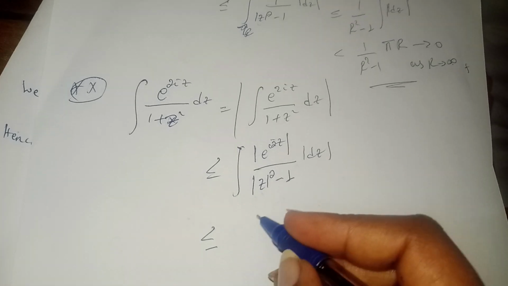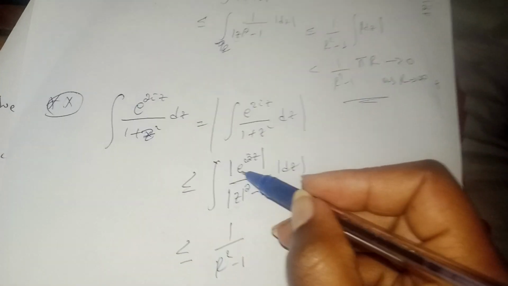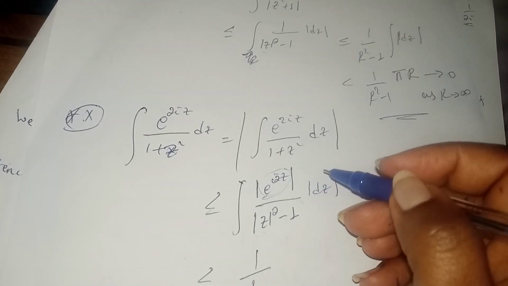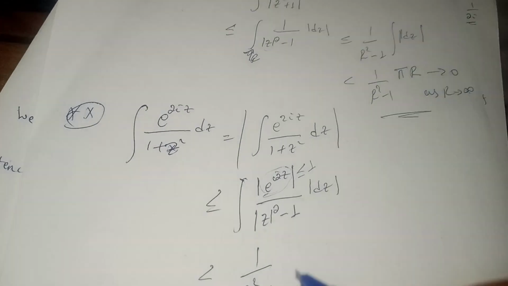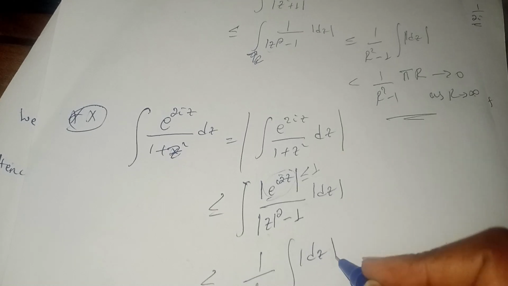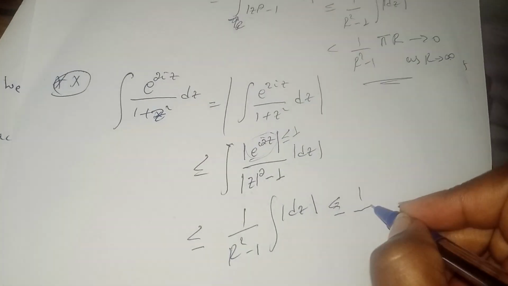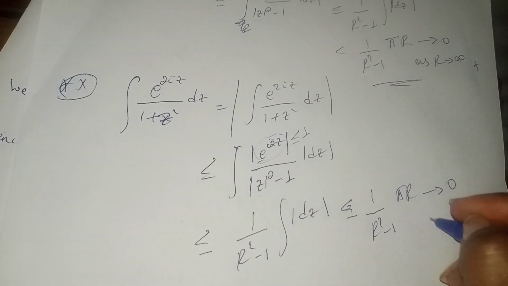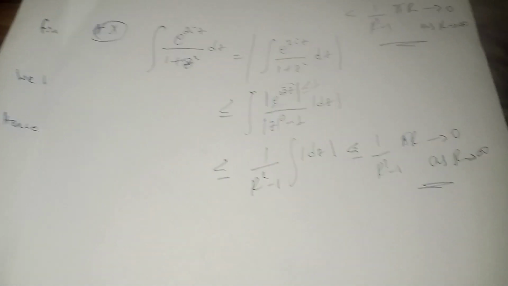This is less than or equal to 1 over r squared minus 1. The exponential function is always less than or equal to 1. So we have the integral of the absolute value of dz, which gives 1 over r squared minus 1 times pi r. This tends to 0 as r tends to infinity. So both the gamma integrals tend to 0.